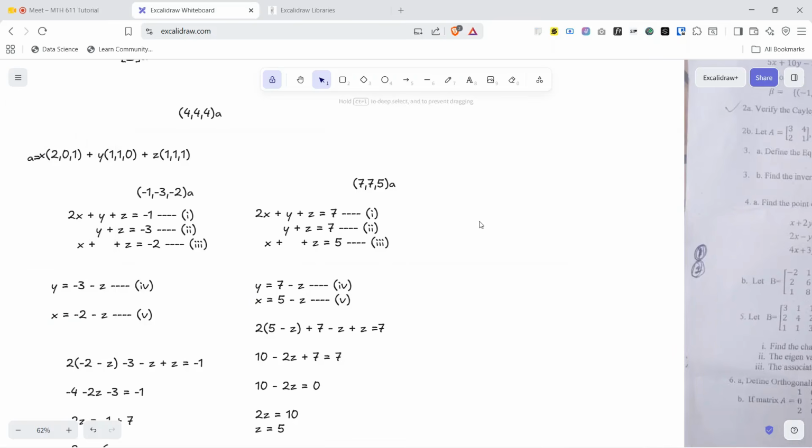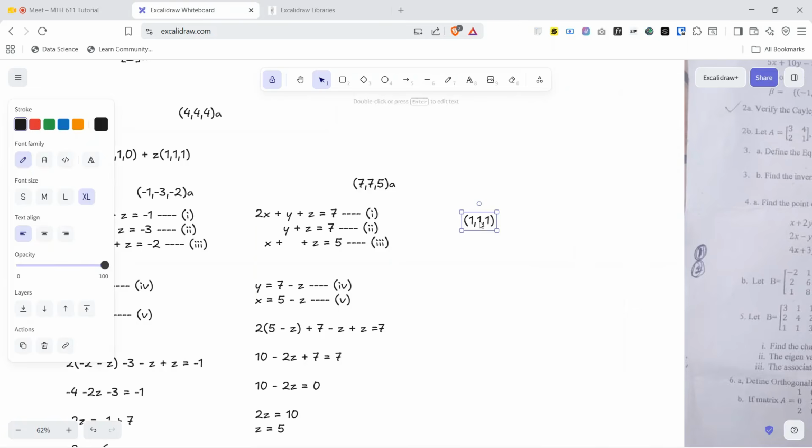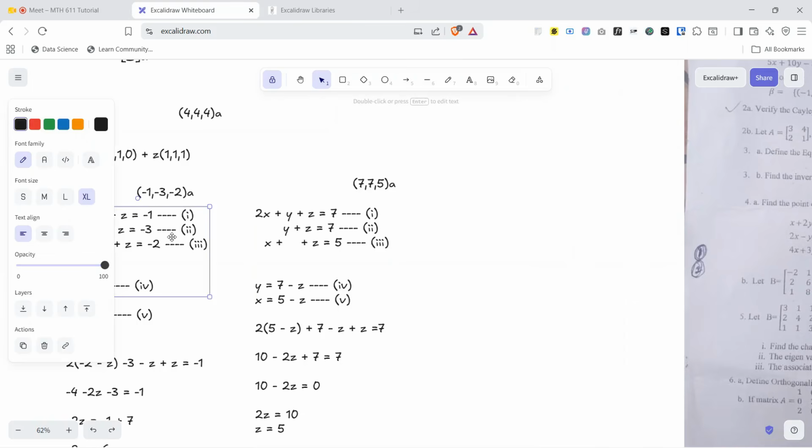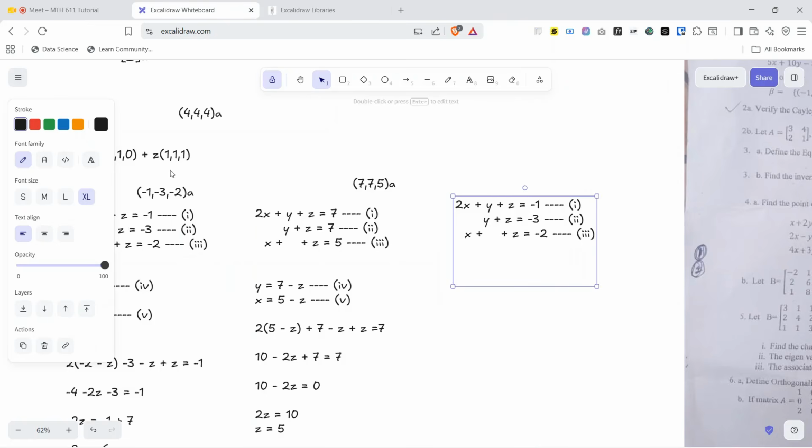For the third one, we are doing the same thing. But in this case, for 444, we are replacing what we have here, 4, 4, and 4.